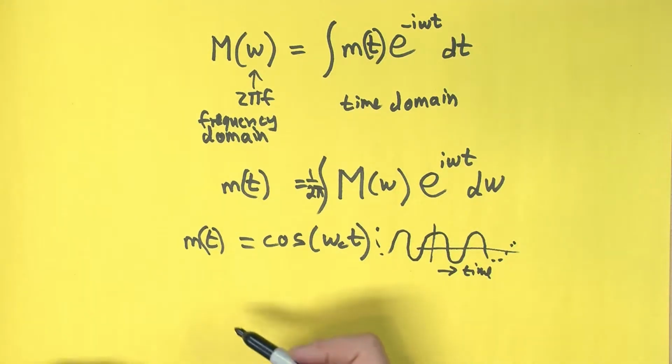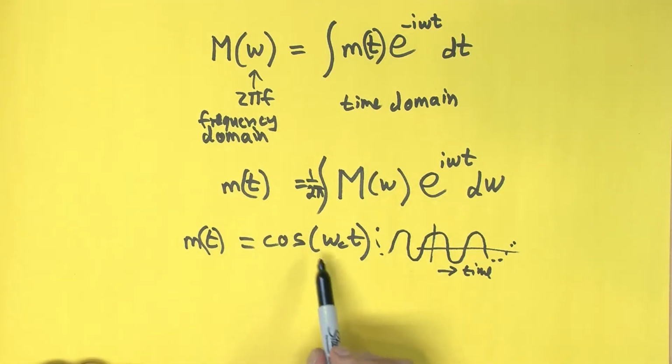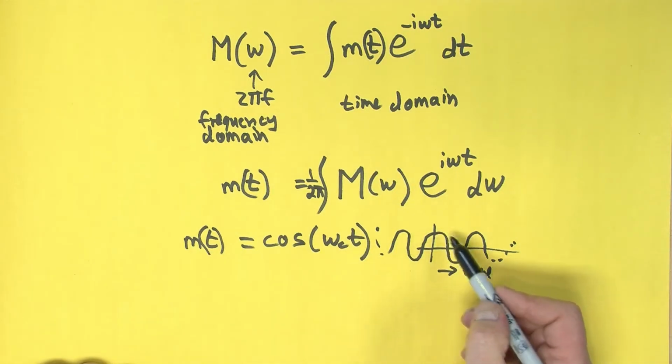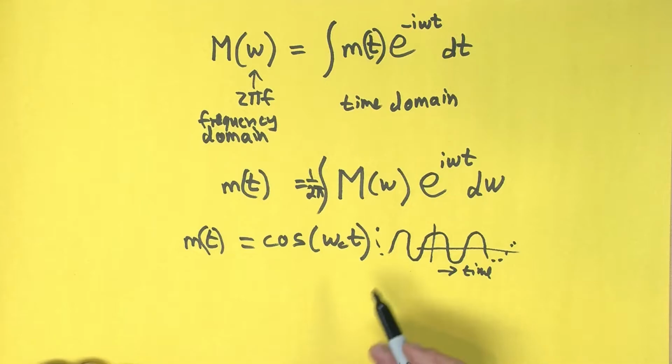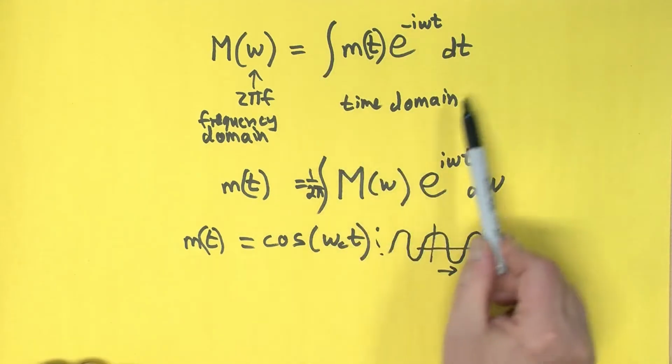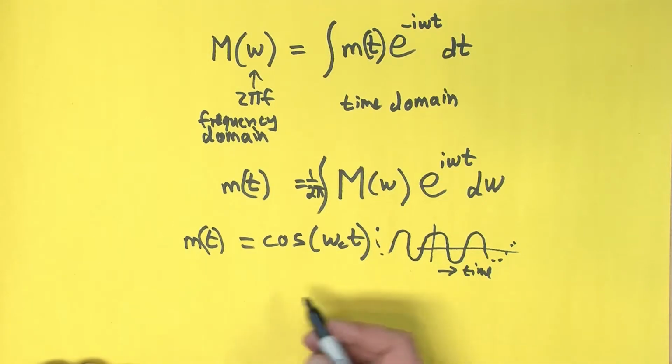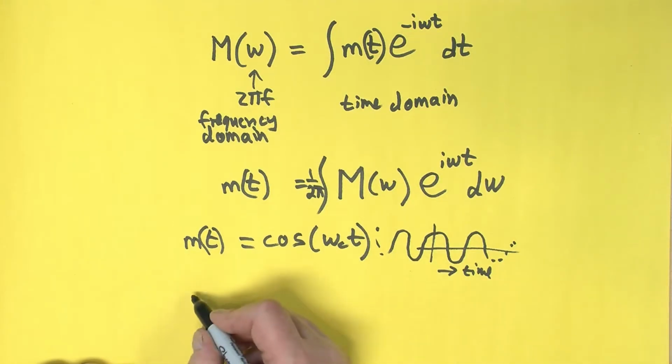It turns out that if you take cos omega c t, a nice cosine wave, and you crank it through this formula over here, what you end up getting is this result.